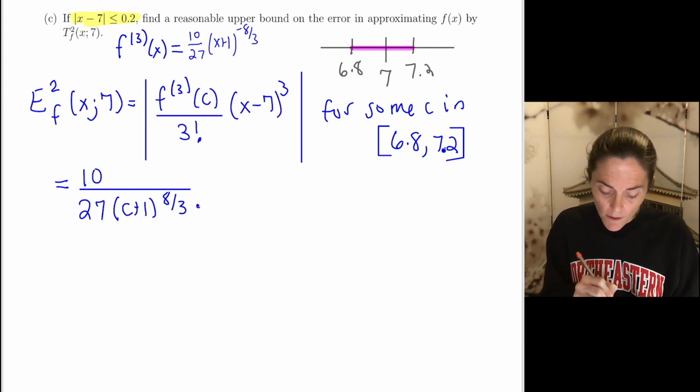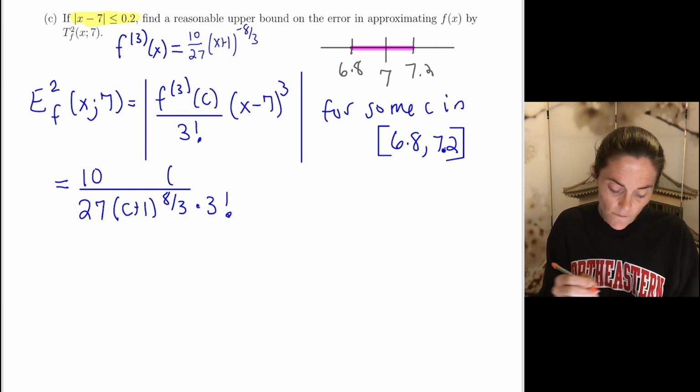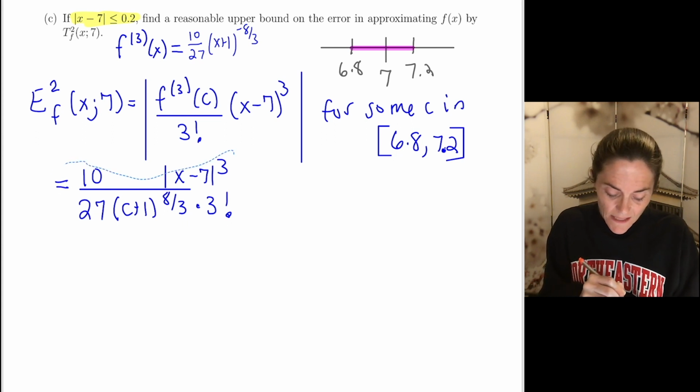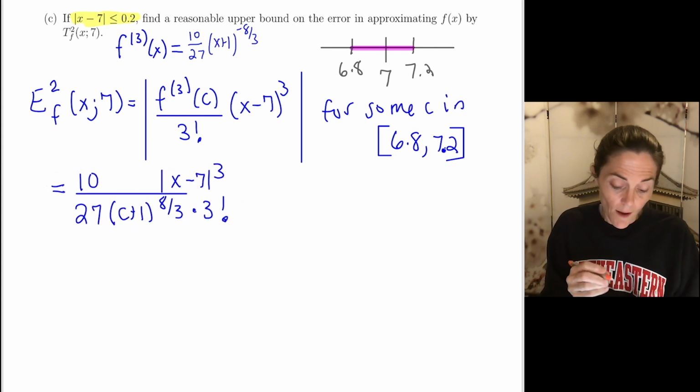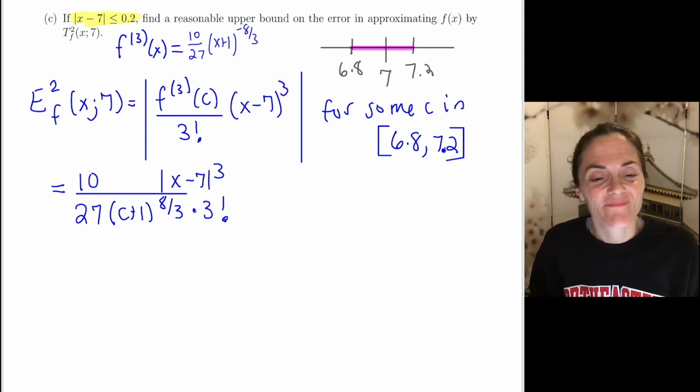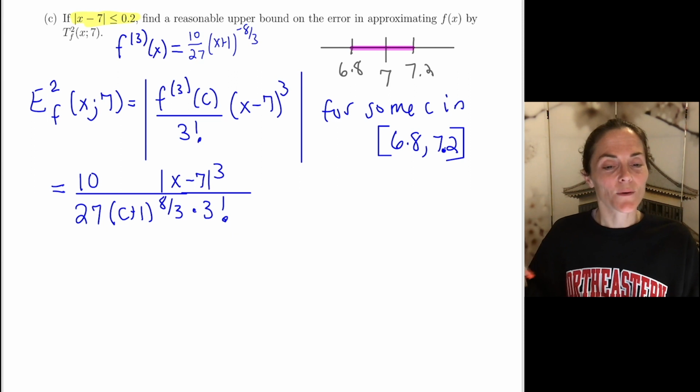In the denominator, I have a 3 factorial, and then up here, I have, well, this time I need absolute values on this, so x minus 7 cubed, because this is an odd power, and so it's not always non-negative, so I need absolute values here.